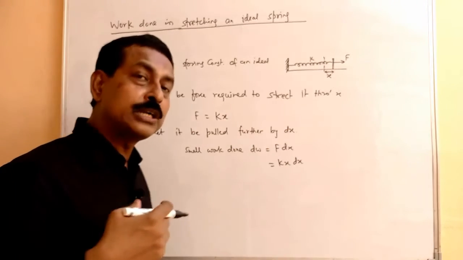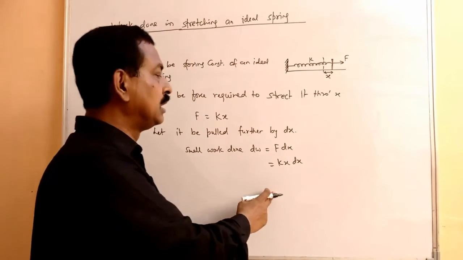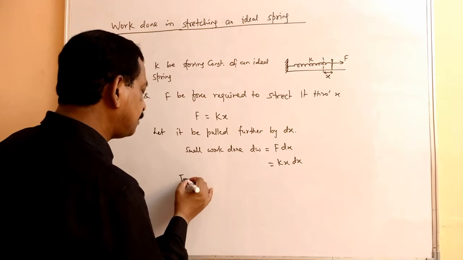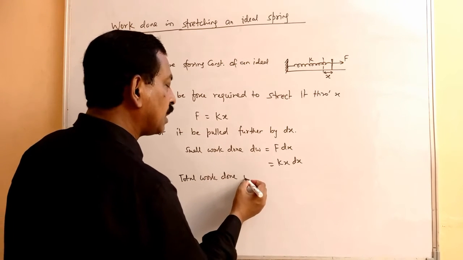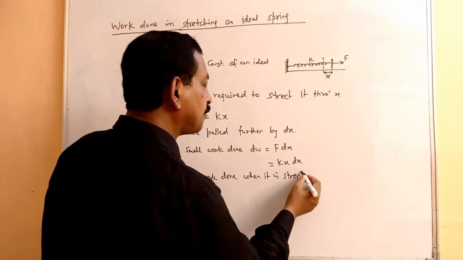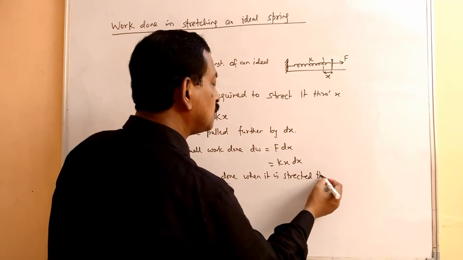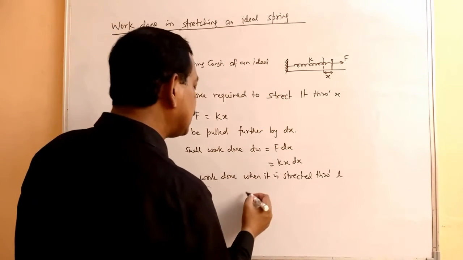If you want to find the total work done, then we need to integrate this. So total work done when it is stretched through a small L. What will be the expression there?